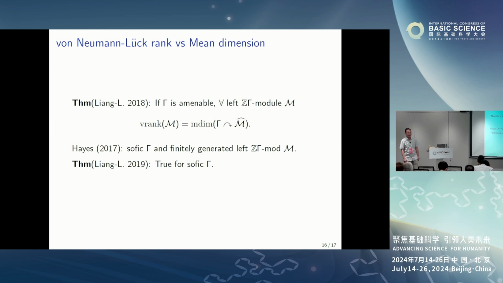Is there an example where the L2 torsion is not zero for a group? You had a theorem that the torsion is zero. Not from this.